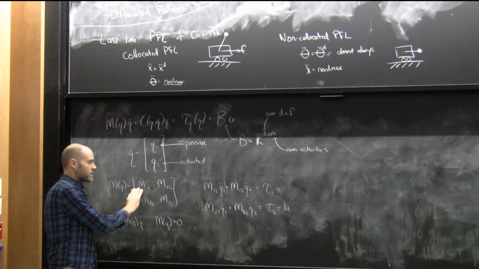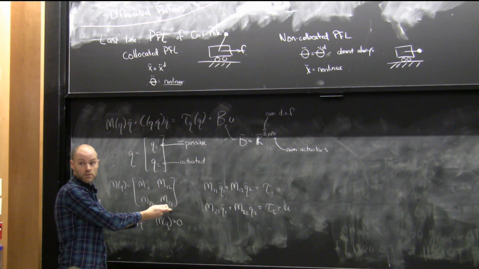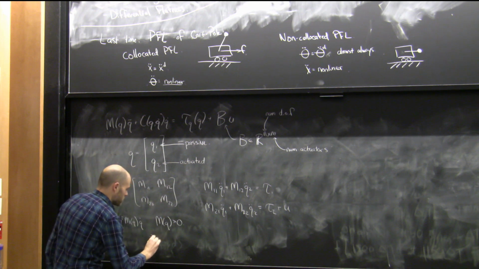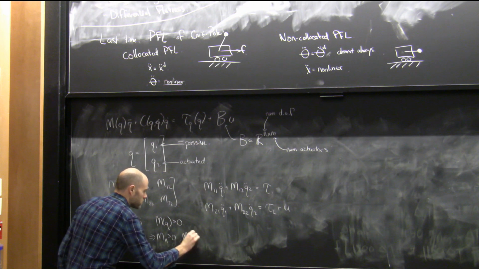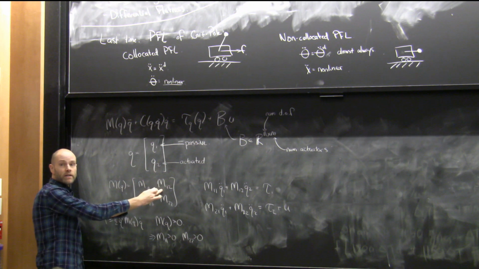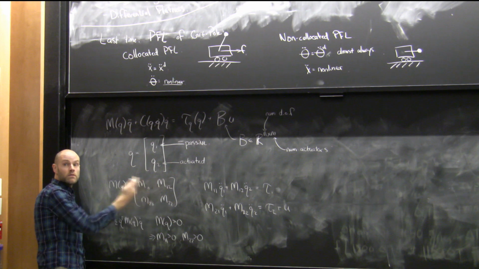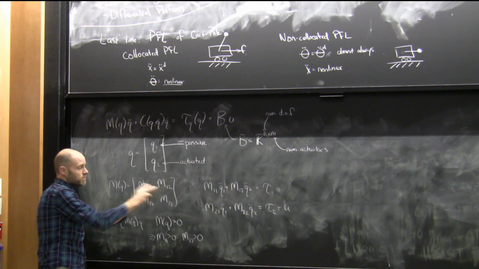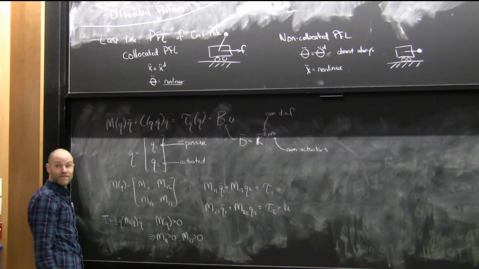Conveniently, that also implies that M11 and M22 are positive definite. These we don't have any guarantees about. The coupling terms, the cross terms, they might not even be square, right? But we happen to know this is good and this is good, okay?